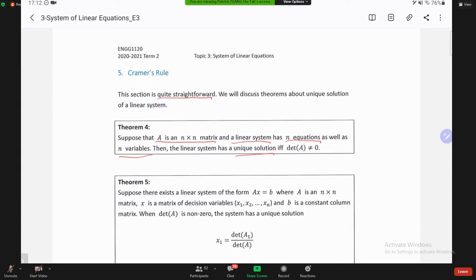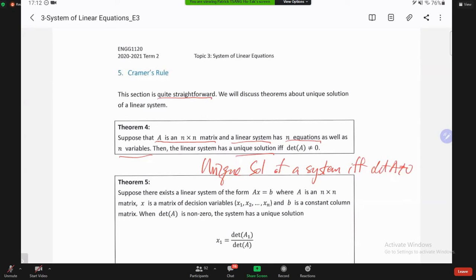If the determinant of the given matrix A is non-zero, then I can claim that the system will have a unique solution. So, unique solution of a system if and only if determinant A doesn't equal 0.